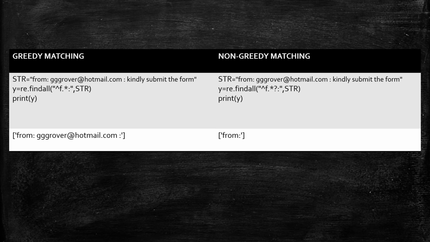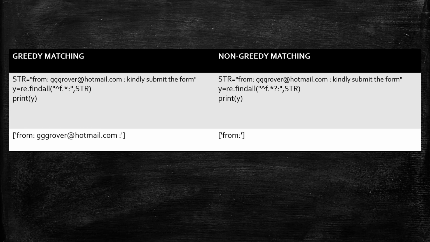Now first of all, you see the greedy matching. When I say y is re.findall and I give the pattern as ^f.*: caret sign means my match should start with small f. Dot star means followed by 0 or more characters. And colon means there has to be a colon in the match. And I want to search this pattern in str and print y.